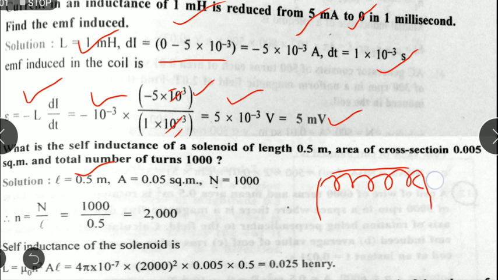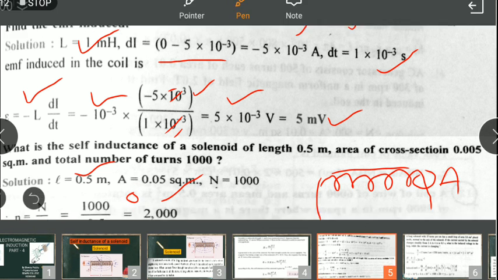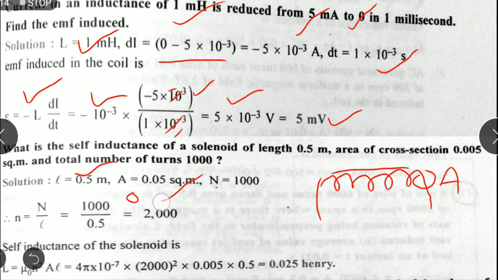Next, the area of cross section, that is A value, is 0.005. There is a mistake here, so make the correction while writing the problem: 0.005 square meter. Next, capital N is given. Total number of turns is 1000.